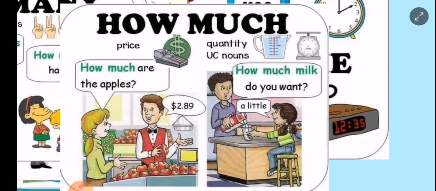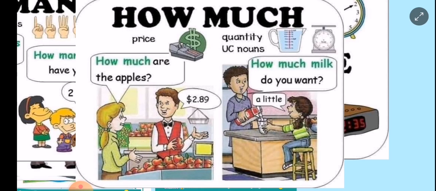Later we are going to see the yes or no question, and also how to build a WH question, the construction of a question. But in this lesson we are focused on the use of WH questions and their meaning.